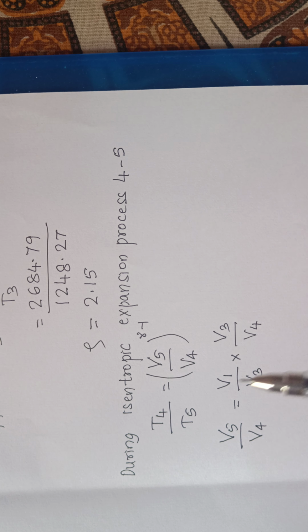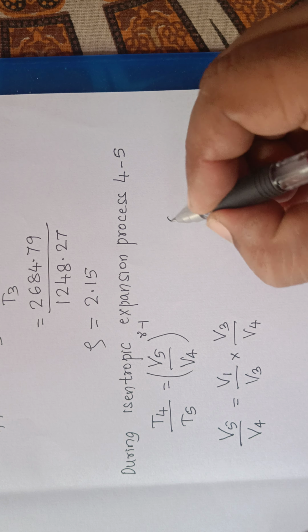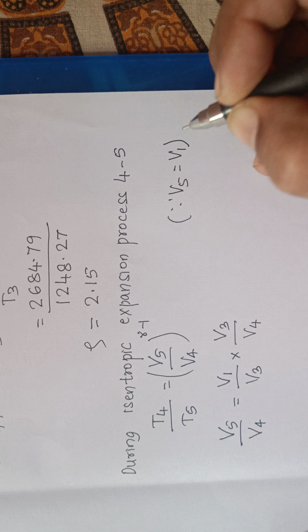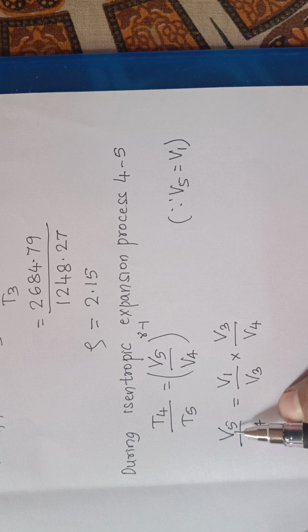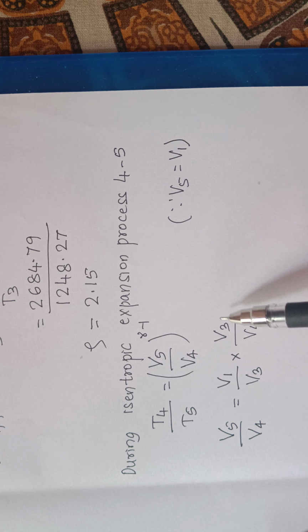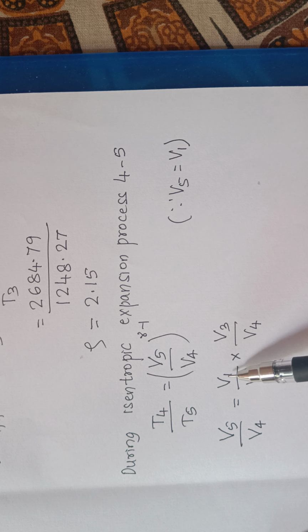Since V5 is equal to V1 from the PV diagram, substituting the value of V5 as V1 and multiplying and dividing by V3 and rearranging the terms, V1 by V3 into V3 by V4. Now just see here, V3 will get cancelled, so I'll get V1 by V4. V1 is same as V5, so again you get back the same answer.